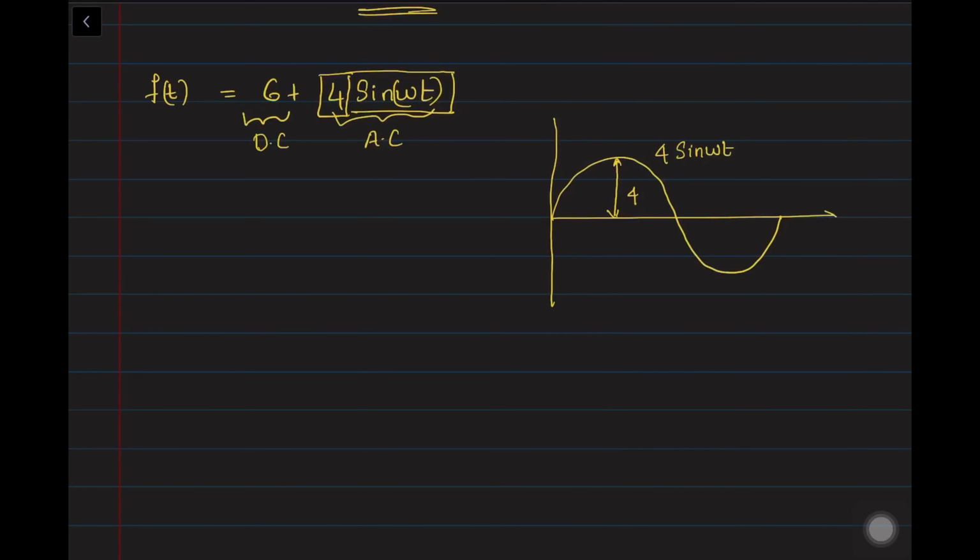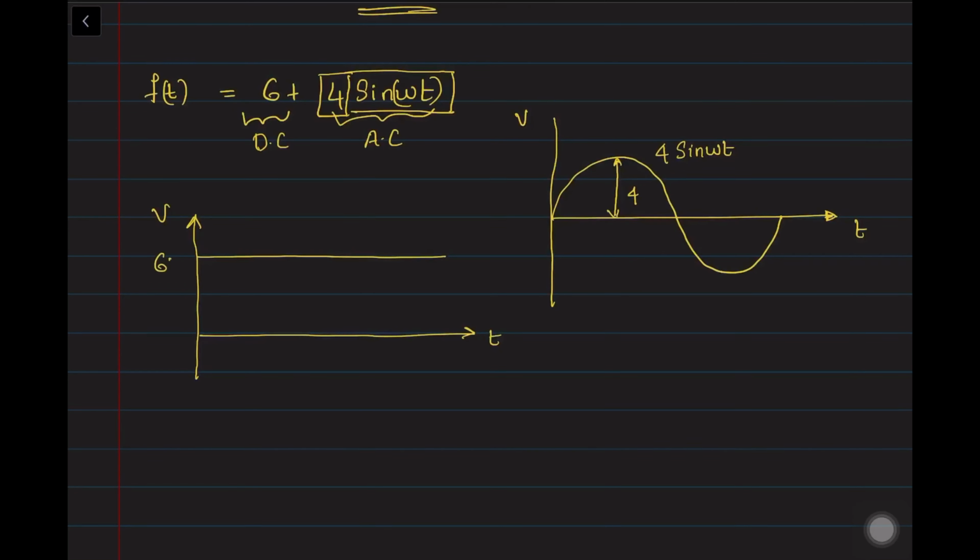And you will mark over here as time period and here as voltage. Okay, now what about a DC? If someone is asking you to draw the waveform of DC, how will you draw? So imagine this is the reference, which is time, and over here it is voltage, and you mark this 6 volt like that. So what happens if you combine a DC source along with an AC source?